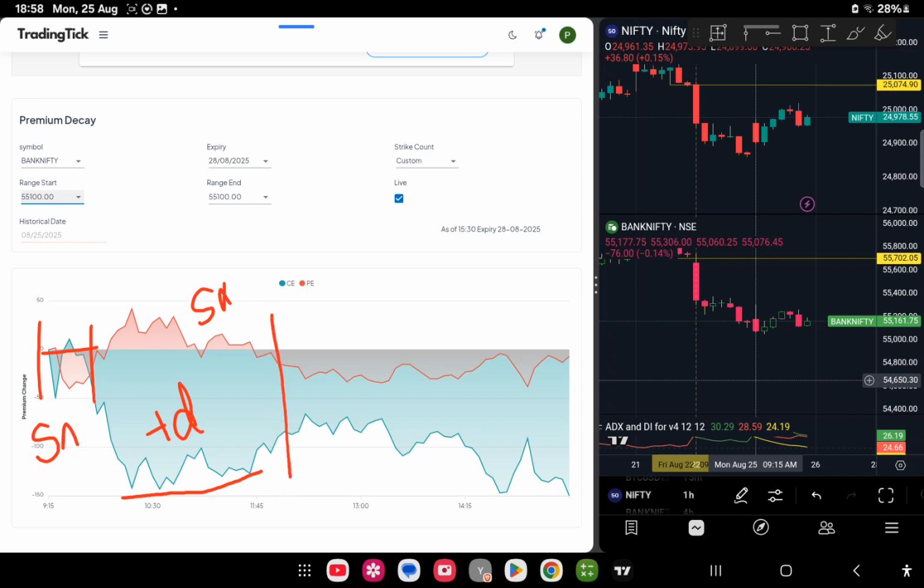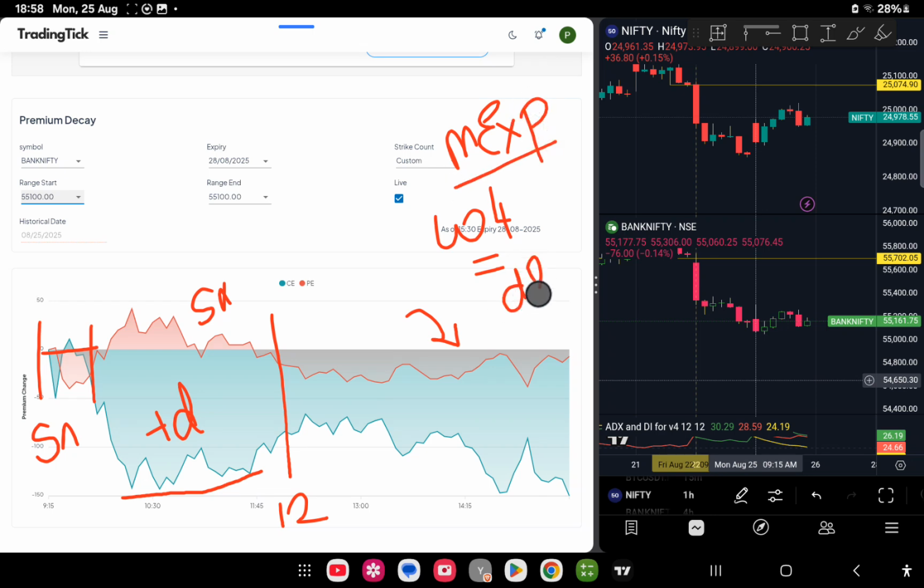In the second half, almost from 12, because this is week 4 and Bank Nifty has the monthly expiry pattern, the last 15 days will have the maximum decay, which reflects here. So this is day 2, more days to expiry.